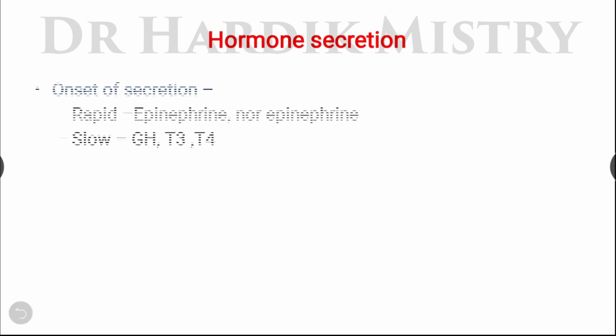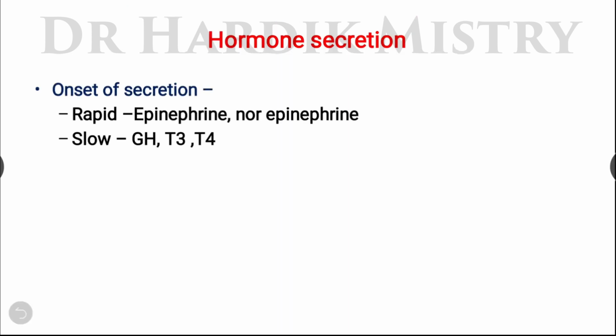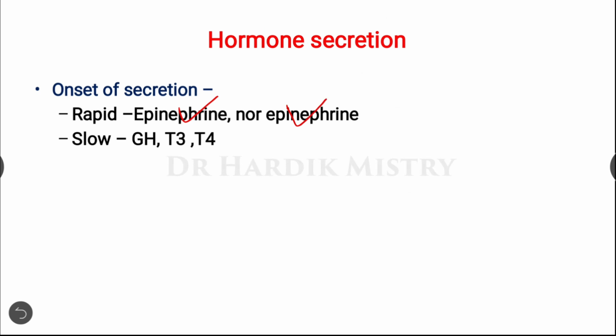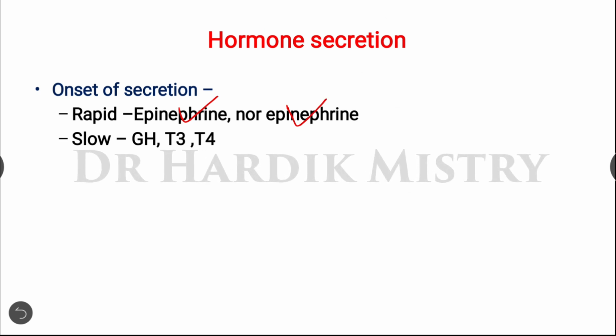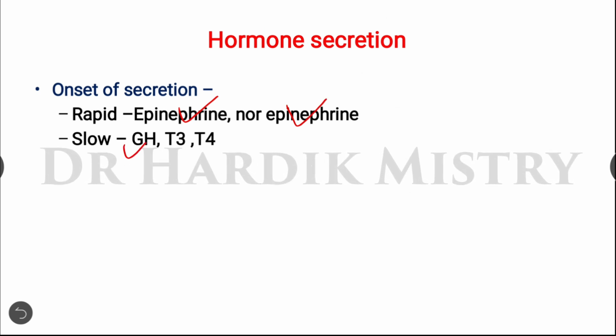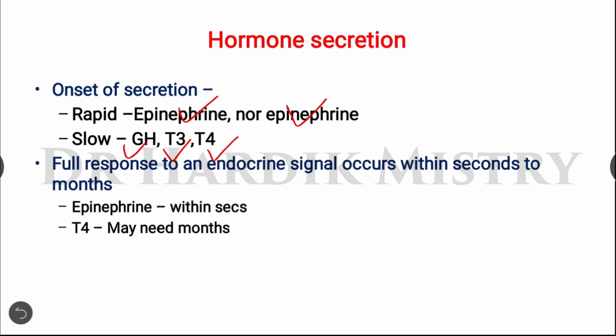Now hormone secretion. Onset of secretion: sometimes the hormone secretion will be rapid. This includes epinephrine and norepinephrine. And slow secretion includes growth hormone, T3 and T4. Full response to an endocrine signal occurs within seconds to months. The time from binding of the specific receptor to its full action can take a longer duration.